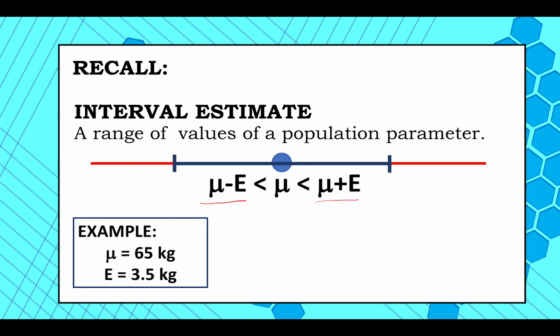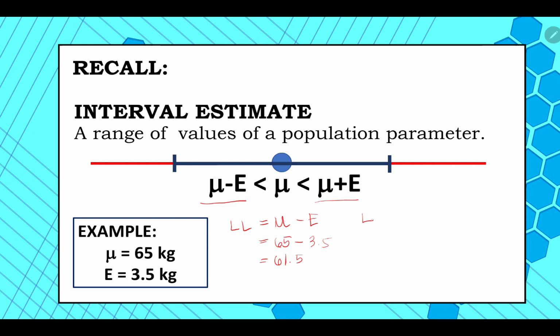For example, if our mean is 65 kilograms and our margin of error is equal to 3.5 kilograms, therefore, our lower limit is equal to mean minus the margin of error, which is 65 kilograms minus 3.5 kilograms is equal to 61.5 kilograms.